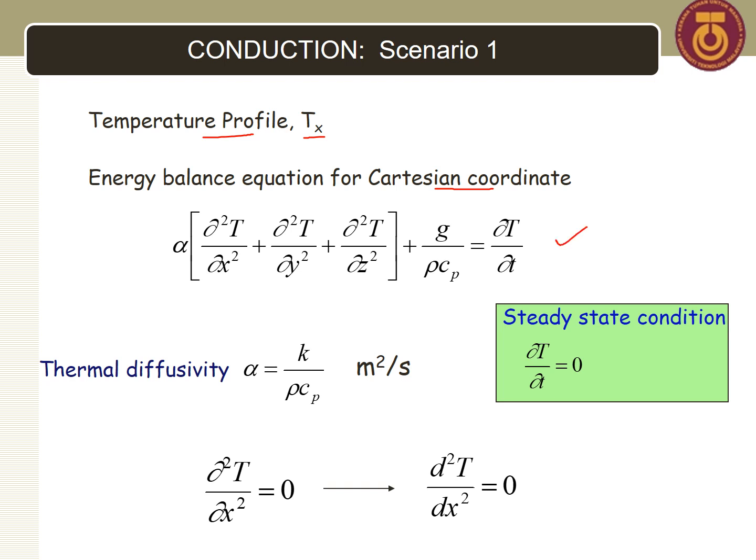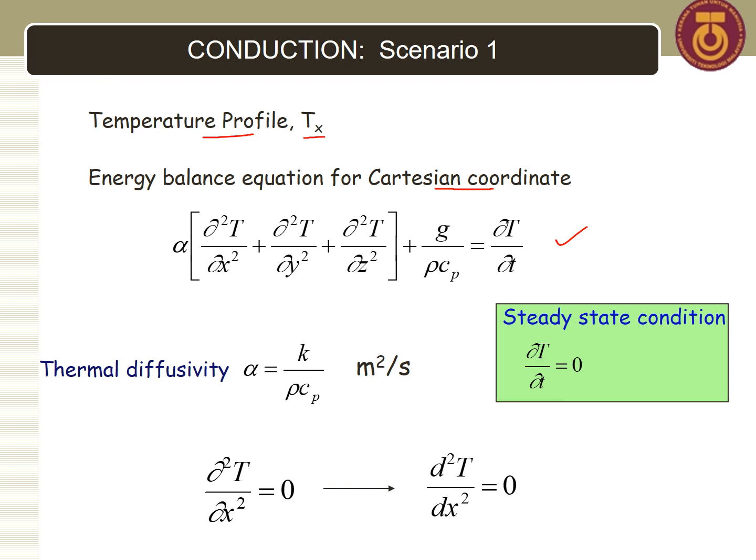You can see it's quite complicated; it's even a partial differential equation. But with the assumptions that we have made, as I mentioned earlier, this very complicated equation can be further simplified. Let's see how.